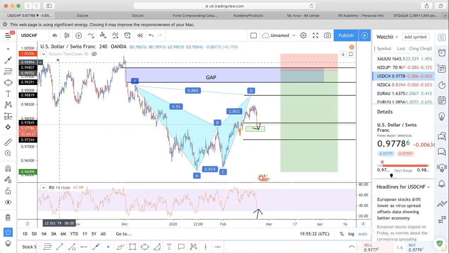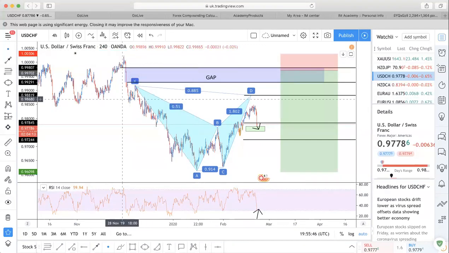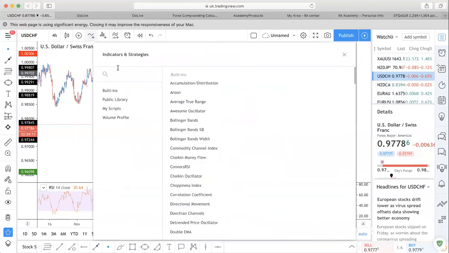So let's add it back on the chart and see what it does.